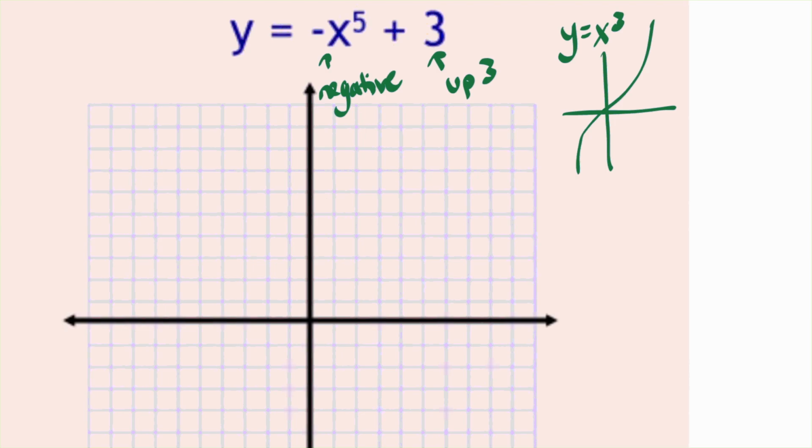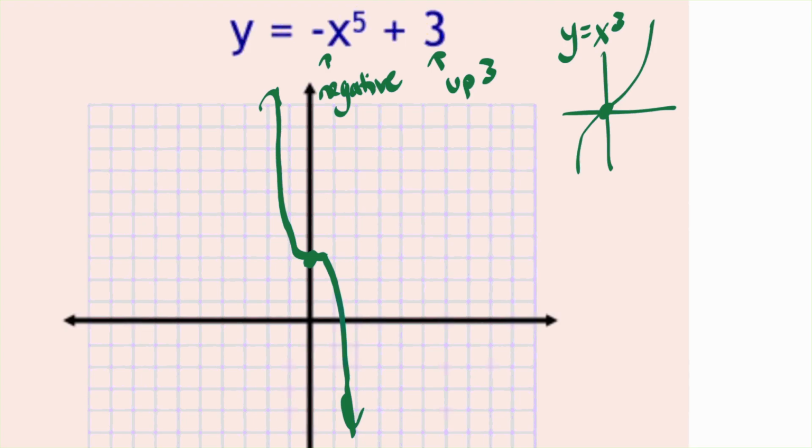So 1, 2, 3 makes this point go up 3 on my graph. Now because it's negative, I'm flipping it over. So I go from high, I'm flattening, and then I go low.